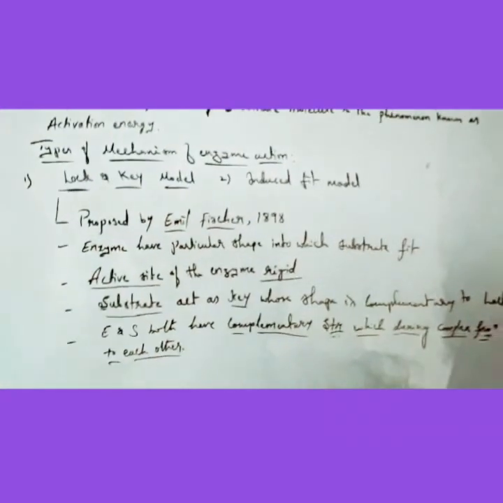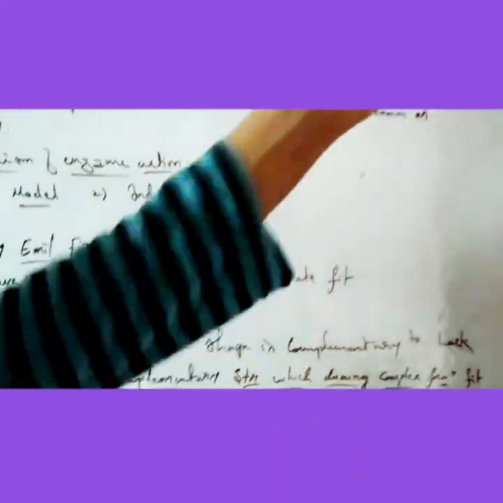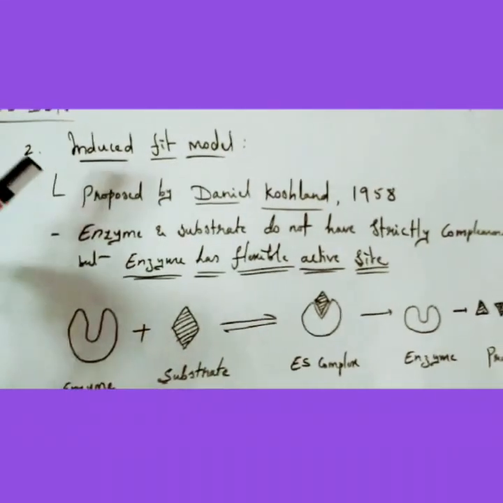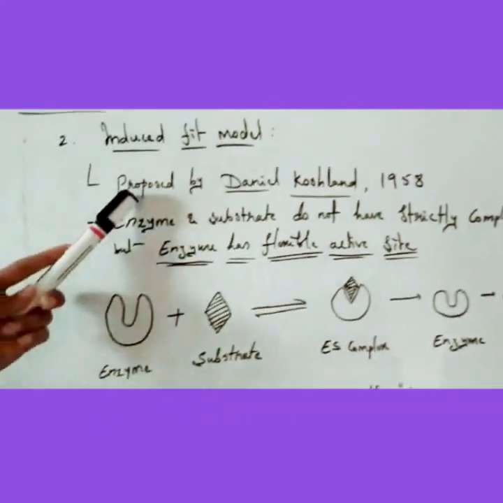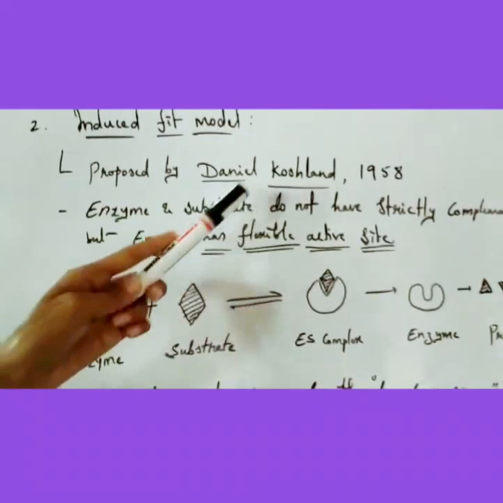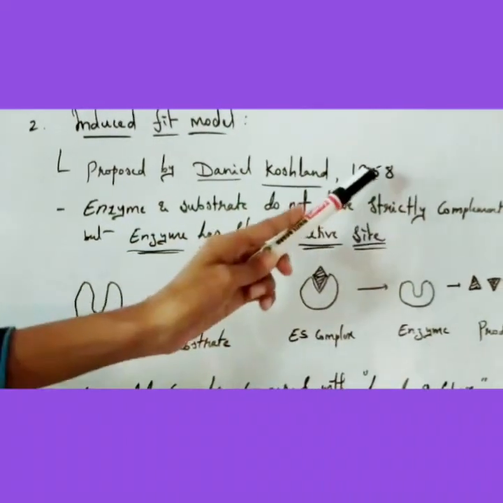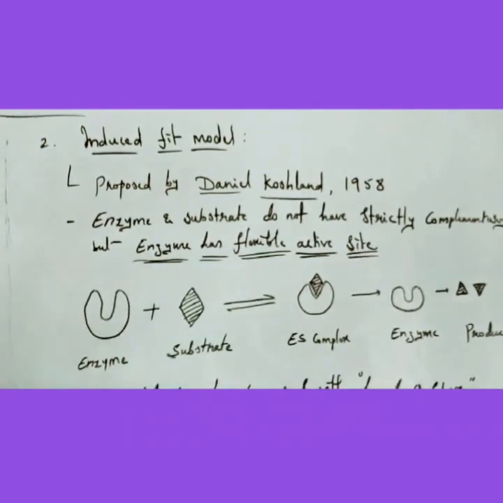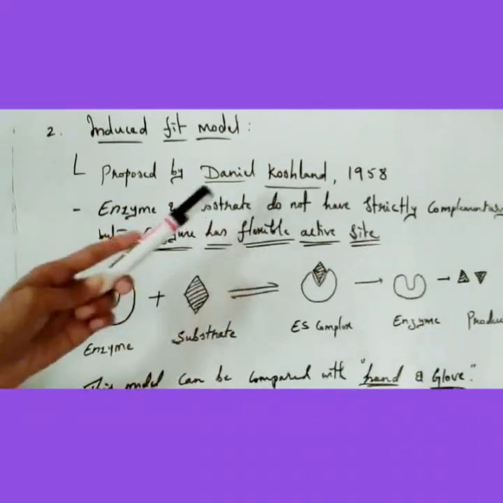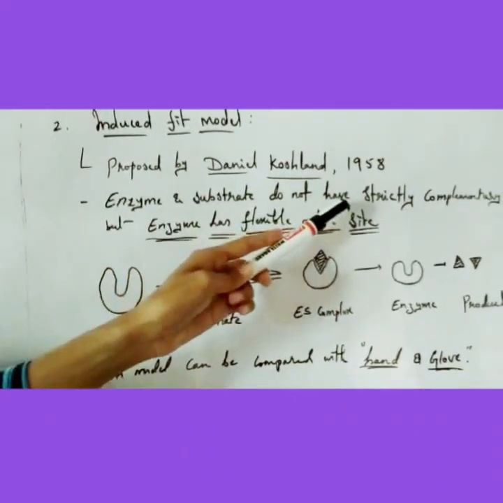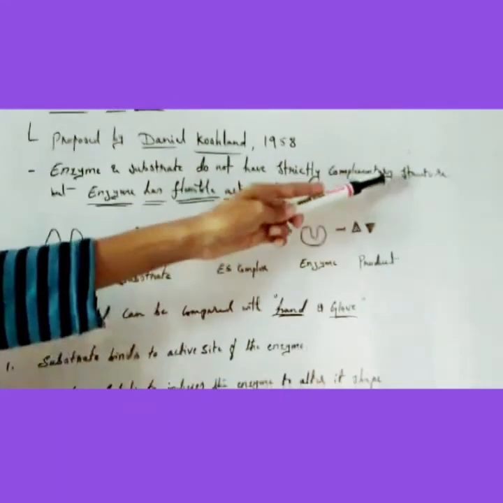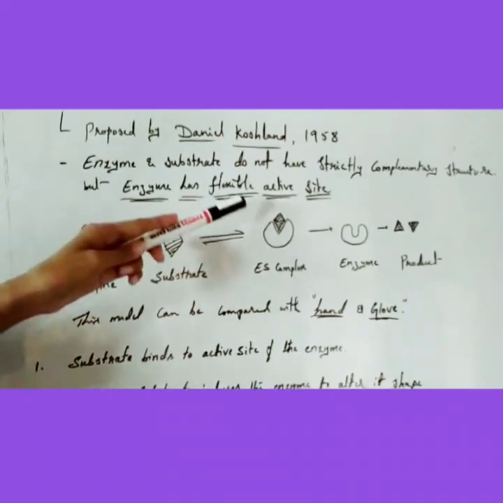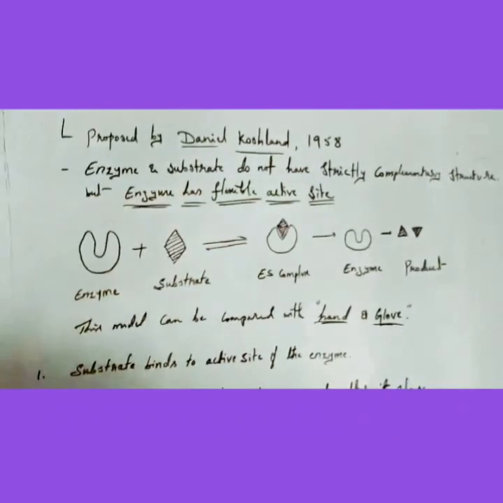Now let us look at the induced fit model. The induced fit model was proposed by Daniel Koshland in 1958. According to him, enzyme and substrate do not have strictly complementary structures, but the enzyme has a flexible active site.